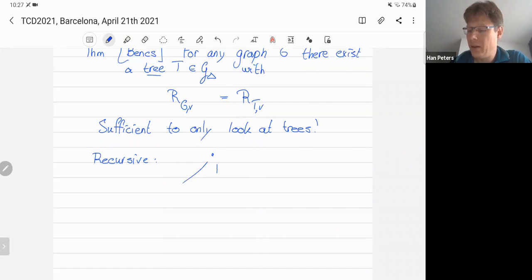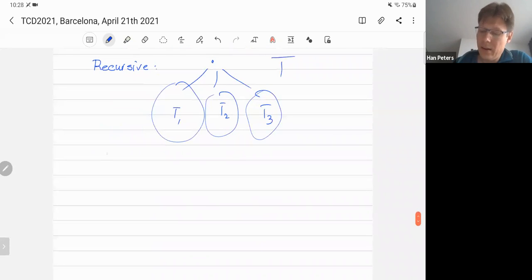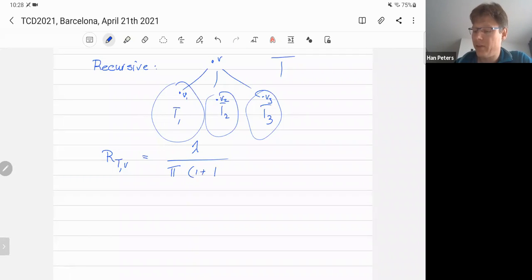So if you have a tree, let's say here, T1, T2, T3, and here's your whole tree T, and its neighbors v1, v2, and v3, it's easy to check that the ratio of the tree is given by lambda divided by the product of 1 plus the ratio of T_i and v_i.